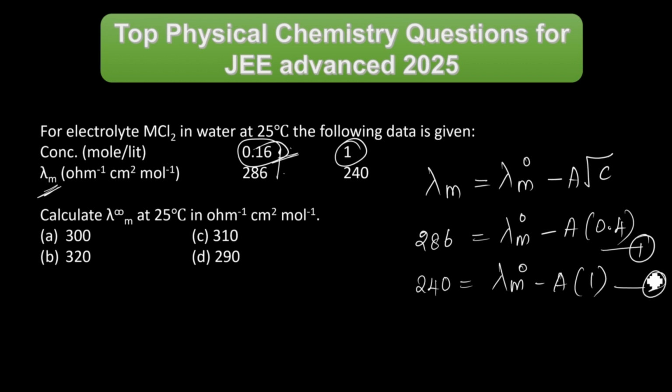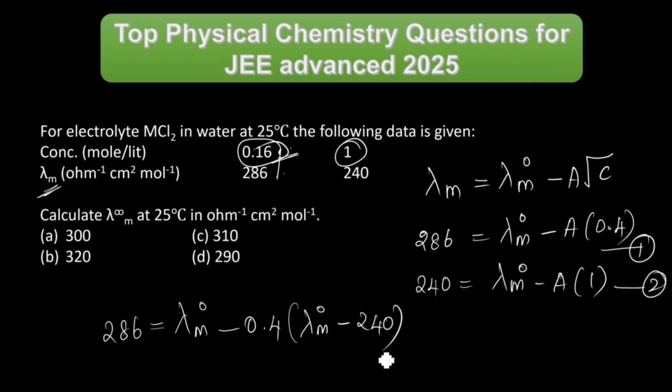So this is equation 2. While solving equations 1 and 2, what will you end up with? 286 minus 240 equals 0.6 A, so from here you can easily get lambda m naught, right, 310 as your answer. So they are asking for lambda m infinity, that is 310.